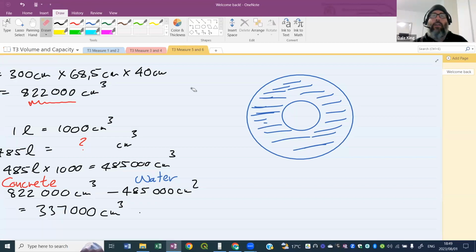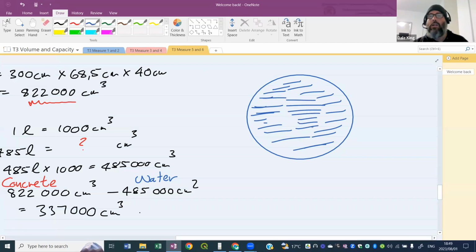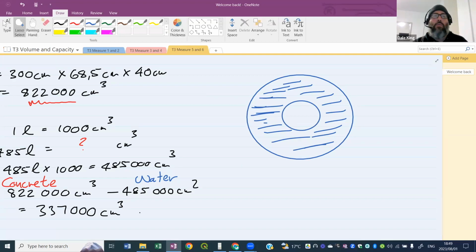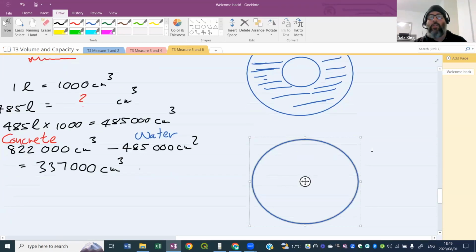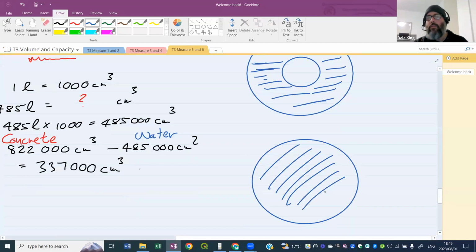Now, if we didn't have a hole, it's a much easier calculation. But because there's a hole here, you've got to do something. You take a cake that was whole, work out its volume, and then you work out the volume of the hole inside, and you remove the hole, and you're left with the remaining cake.